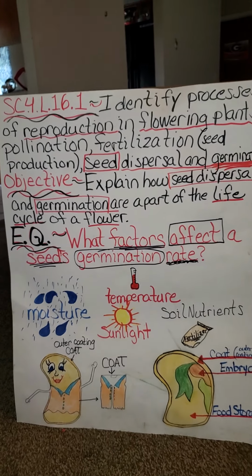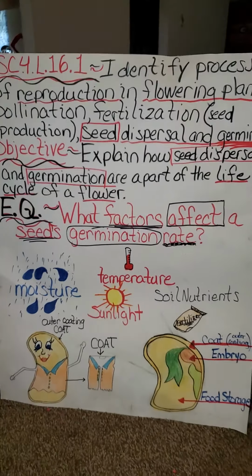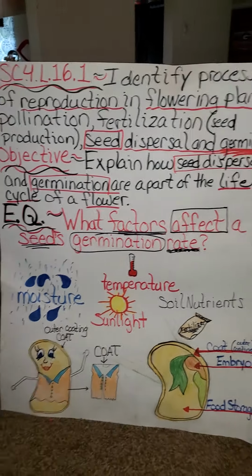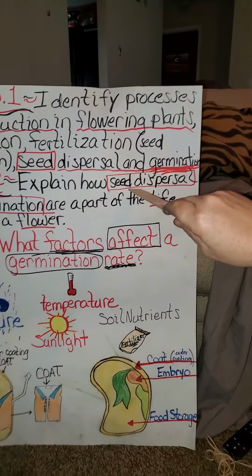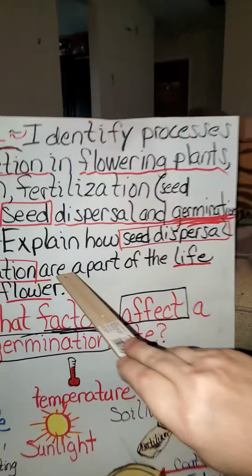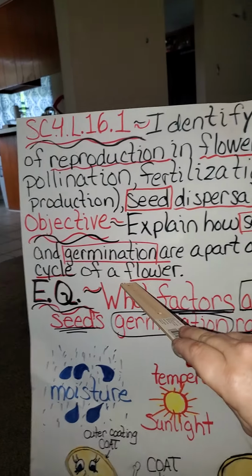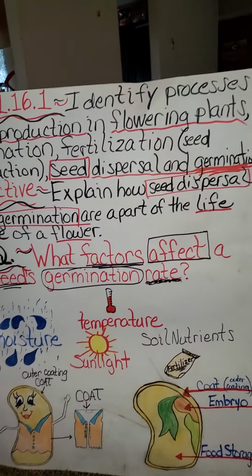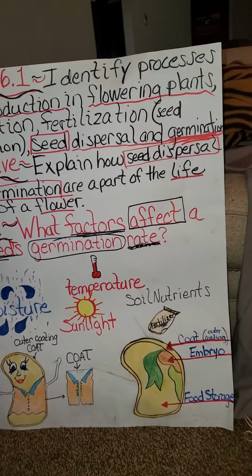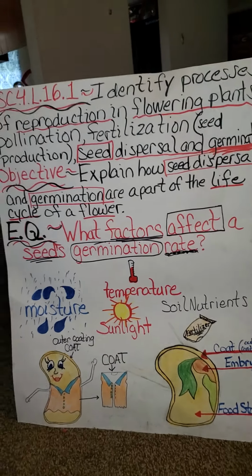So the objective, what you're going to need to know, is you're going to need to be able to explain how seed dispersal and germination are a part of the life cycle of a flower.